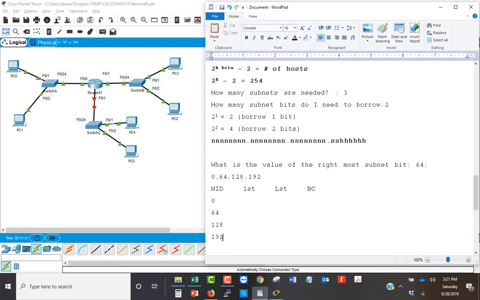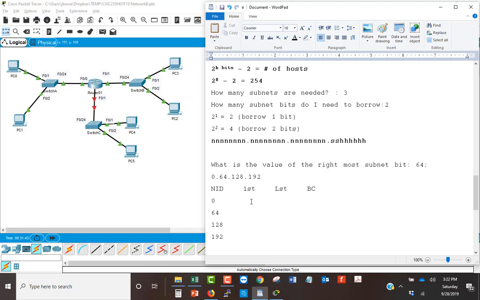You just need 3. So I'm going to start out by using the first 3. Your network IDs are 0, 64, 128, and 192, just as we said, based on the block size of 64, with increments from 0, 64, 128, 192.